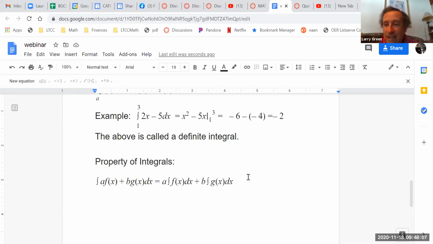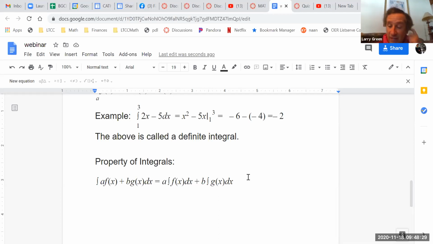In fact, there isn't even a quotient rule. It's just evil. If you have some messy rational function, boy, is it hard to integrate. So you can't do the tricks. But with addition or subtraction or multiplication by a constant, you can do it. Any questions on this?